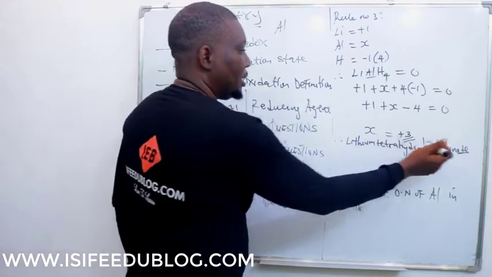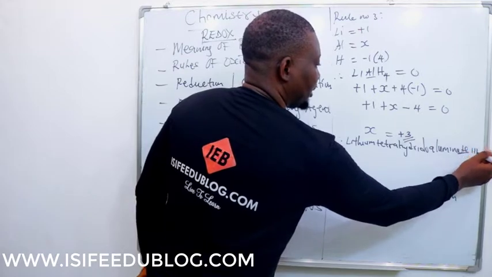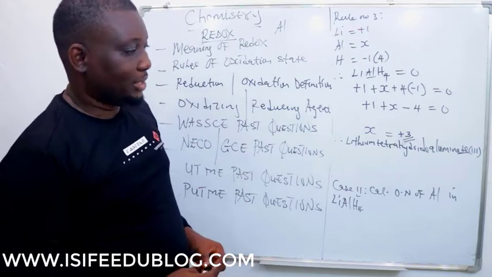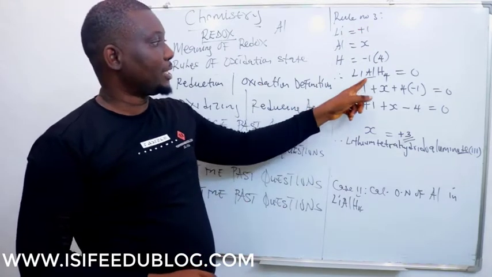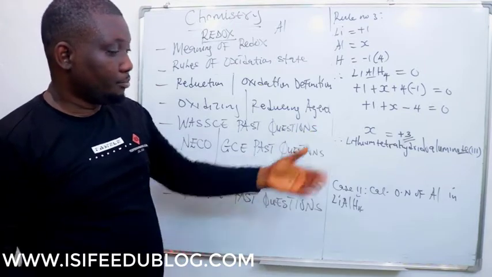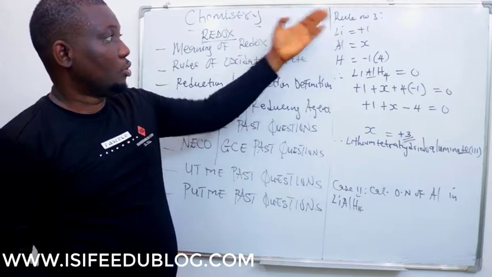What is aluminium there? We got +3, and then it's written as Roman numeral III. So we have lithium tetrahydroaluminate(III) as the IUPAC name of the compound below. So that is rule number 3.